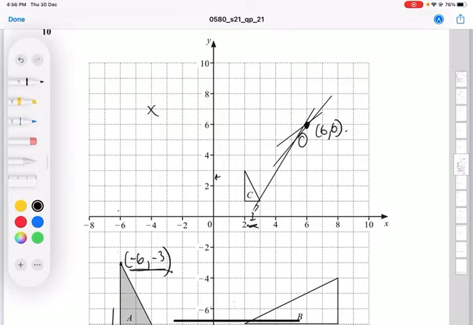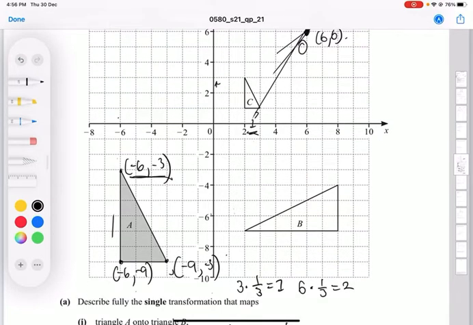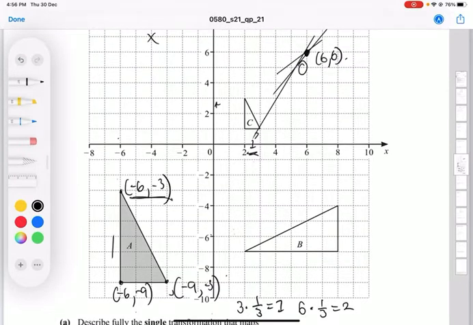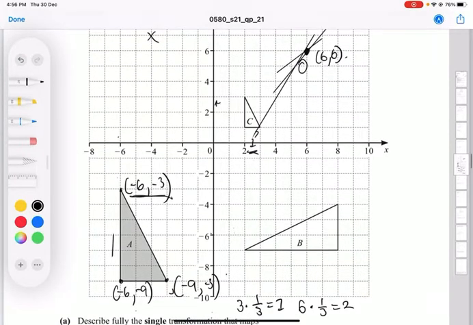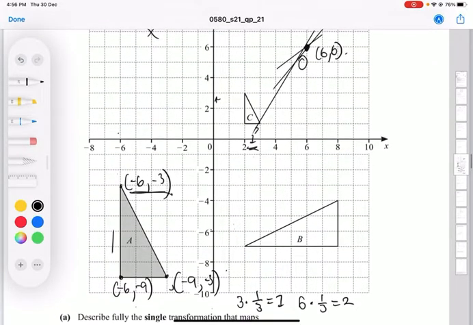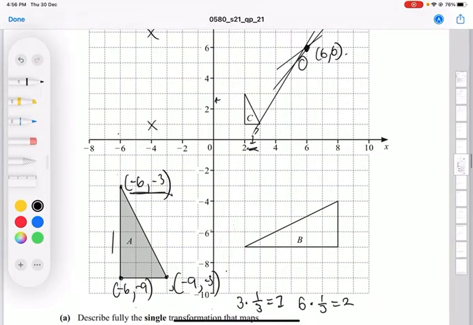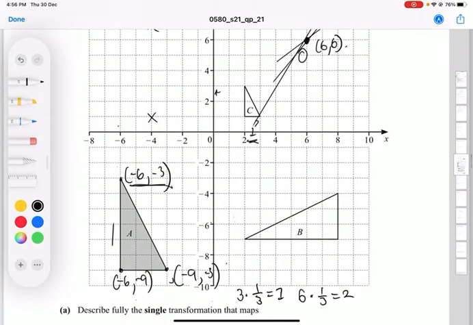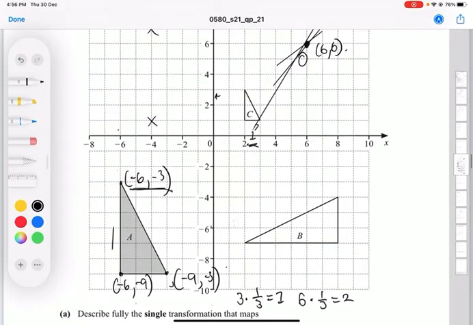Okay, let's record the point. Minus 6 minus 9, so add 2, that's minus 4. And then minus 9, you add 10, so that gives you a 1, so that's here. And then minus 9 minus 3, so you add 2, that's minus 7.